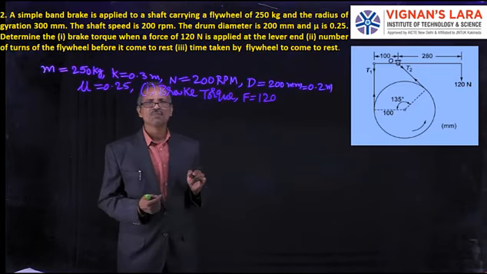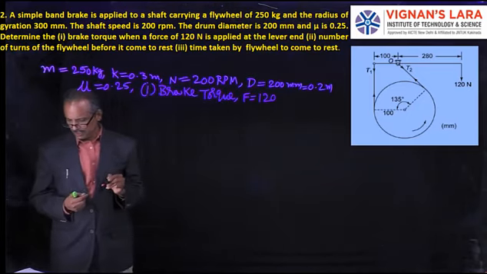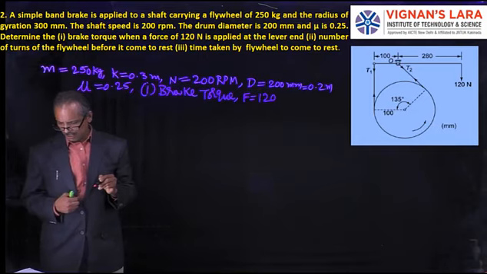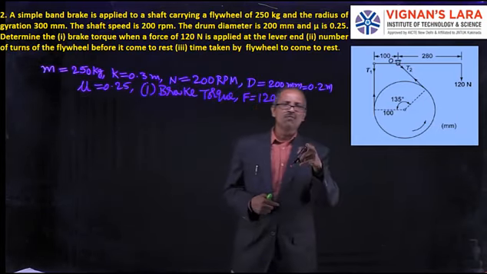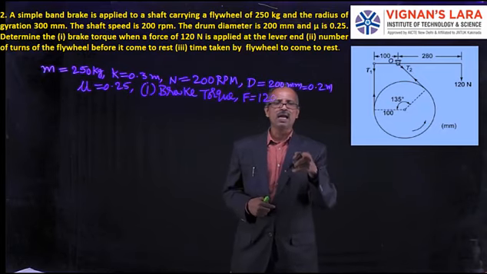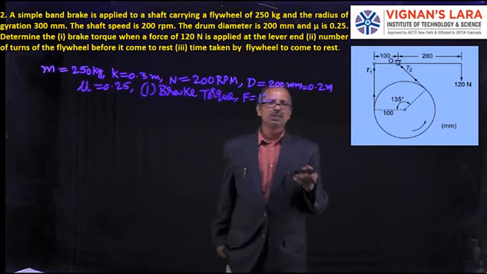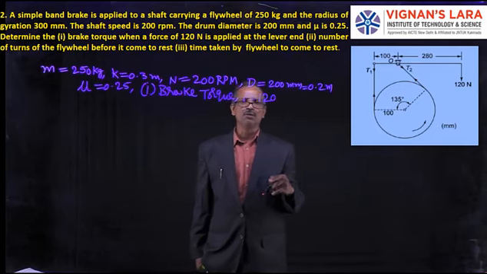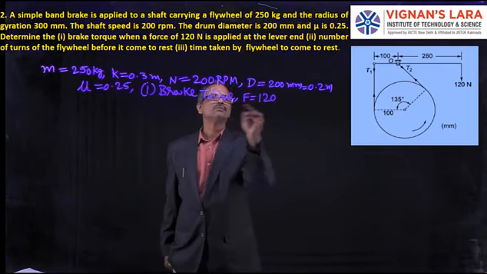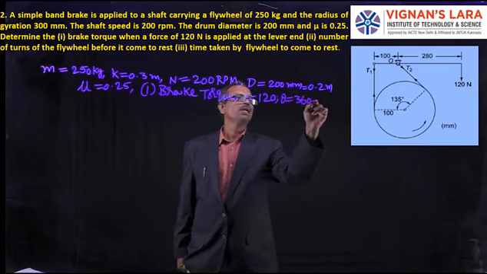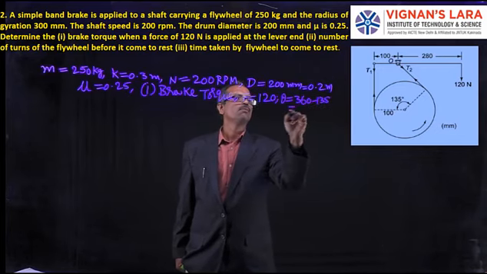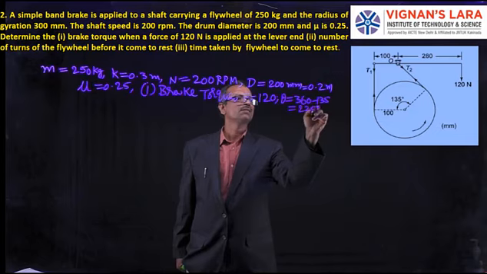Let us see. You can see here the angle of contact is given. He has shown 135 degrees as the uncovered angle. So theta is 360 minus 135, that is 225 degrees.